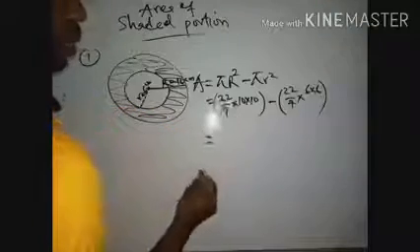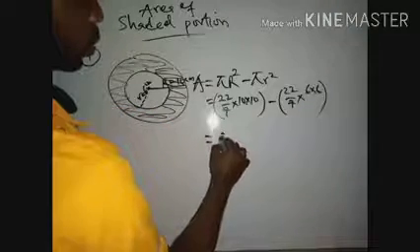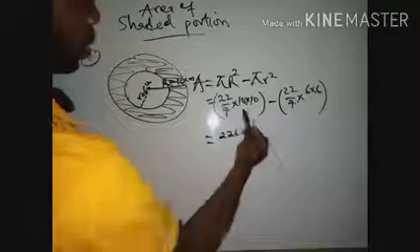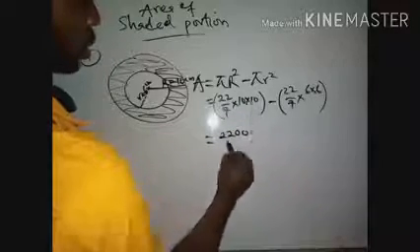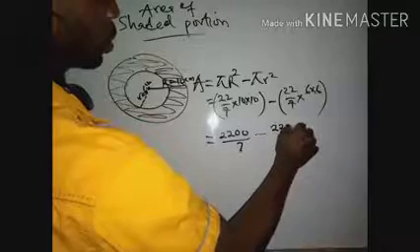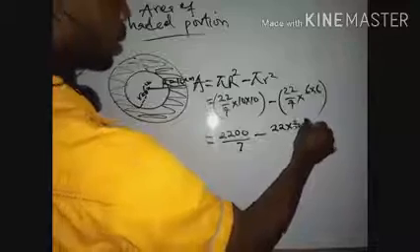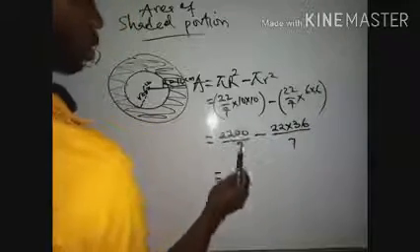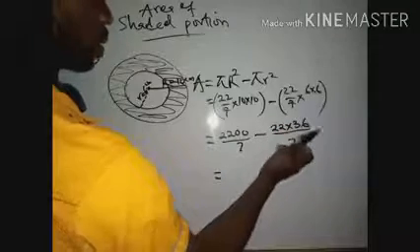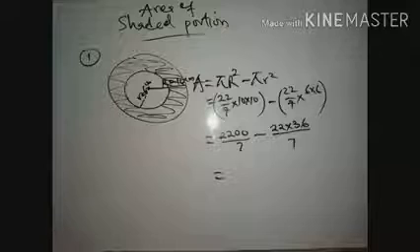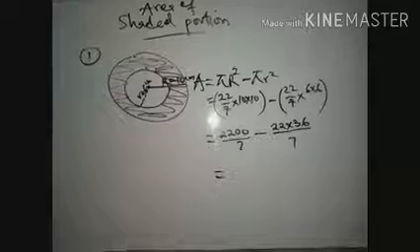So in this case, we're going to have 2 times 100, because this is 100, divided by 7, minus 2 times 36 over 7. So just punch your calculator, get the answer, and put centimeter. And that's it. It's as simple as that.